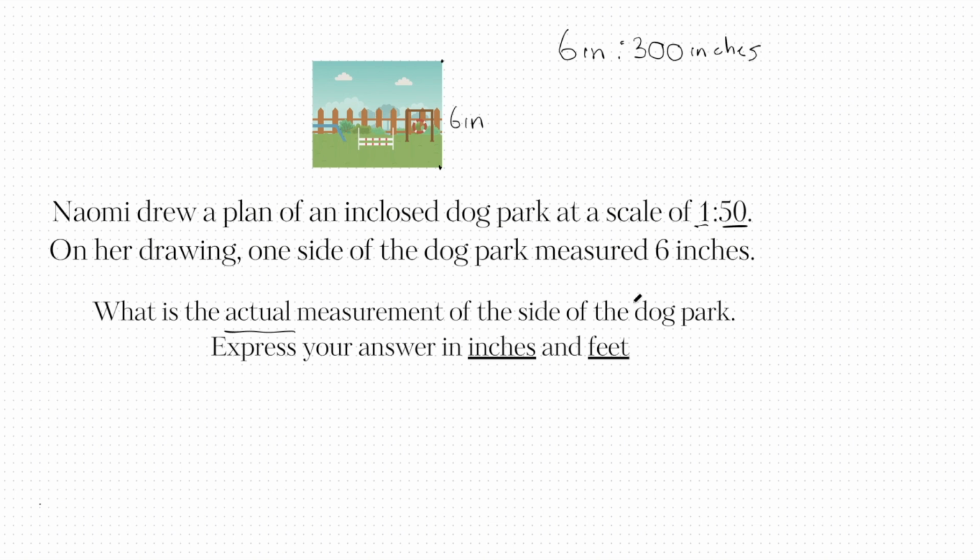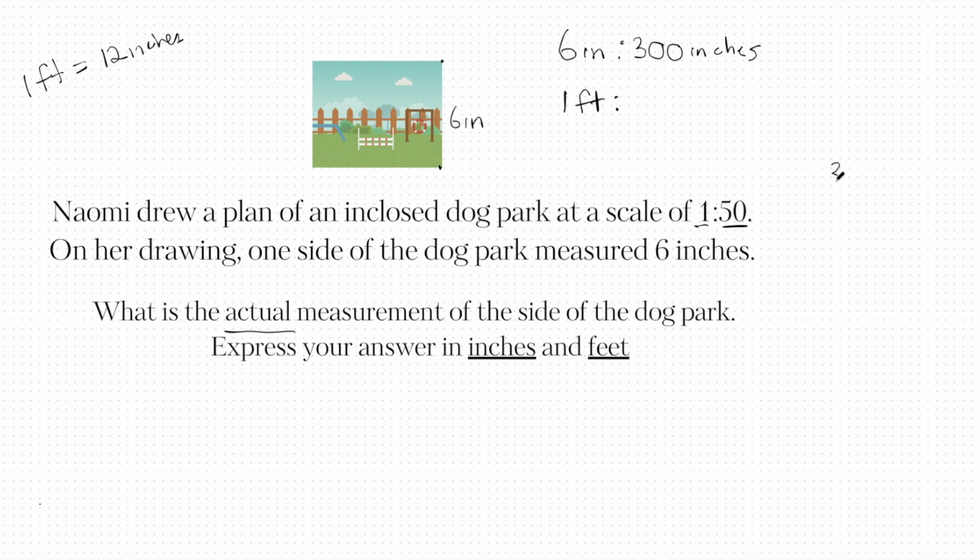But they also want the answer expressed in feet. Now, I'm going to write over here. I know that for every 1 foot, there's 12 inches. So what I'm going to say is for every 1 foot of the scale drawing, we need to figure out how many feet are in 300 inches.